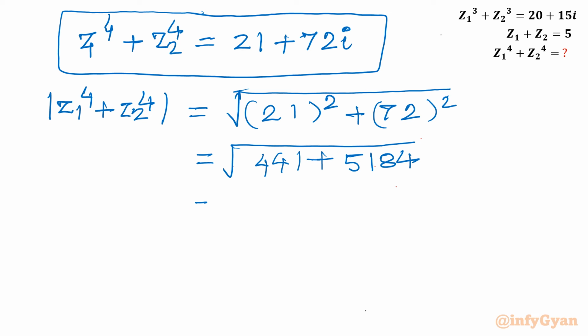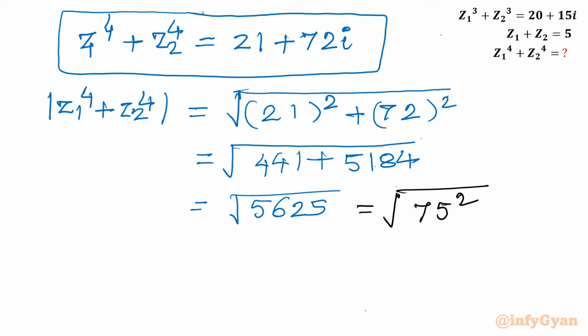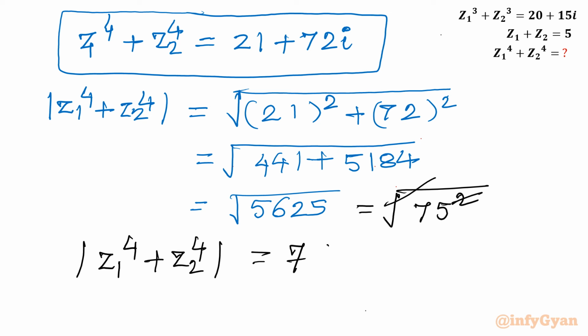Now if you add both the numbers, it would be 5625. Once I take the square root of that, we can write this is equal to 75 square. Now square and square root we can cancel. So our ultimate answer for the modulus value of z1 power 4 plus z2 power 4 will be equal to 75.